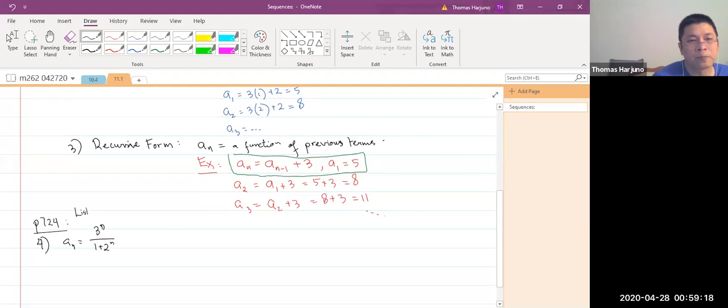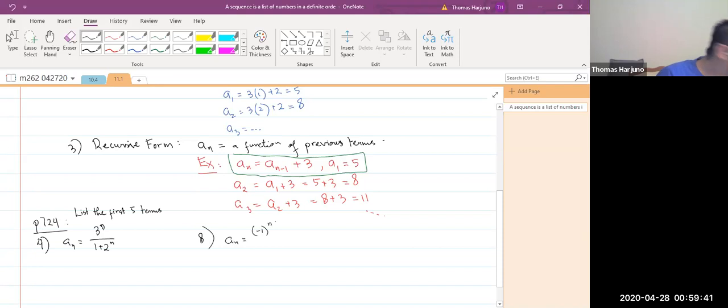And then number 8: a sub n equals negative 1 to the n, times n over n factorial plus 1.